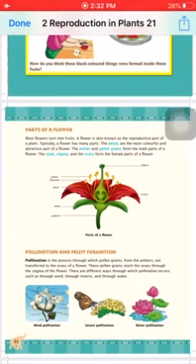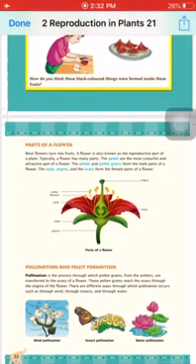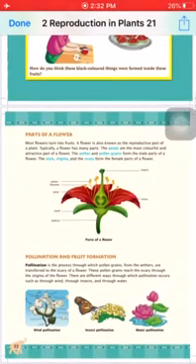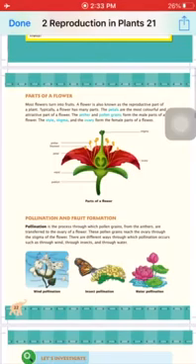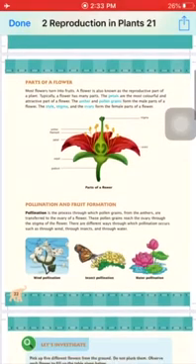We learned the different functions of these parts of a flower in the previous video, that anther and filament are the male reproductive part of a plant and stigma, style, ovary, these are the female reproductive part of the plant.